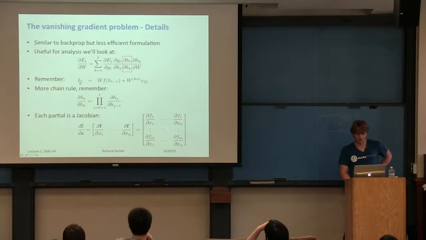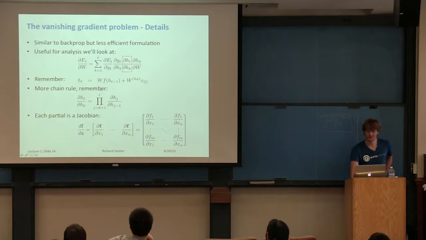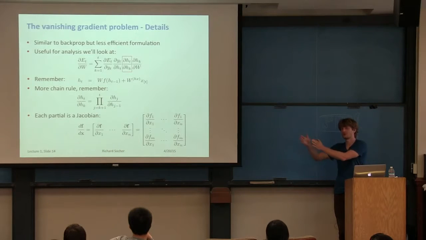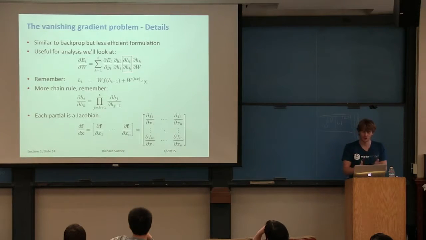Remember, this is how we computed our hidden state h_t. So now we have the chain rule again, because h_t is dependent on h_{t-1}, which depends on h_{t-2}, which depends on h_{t-3}, and so on, all the way to k+1.